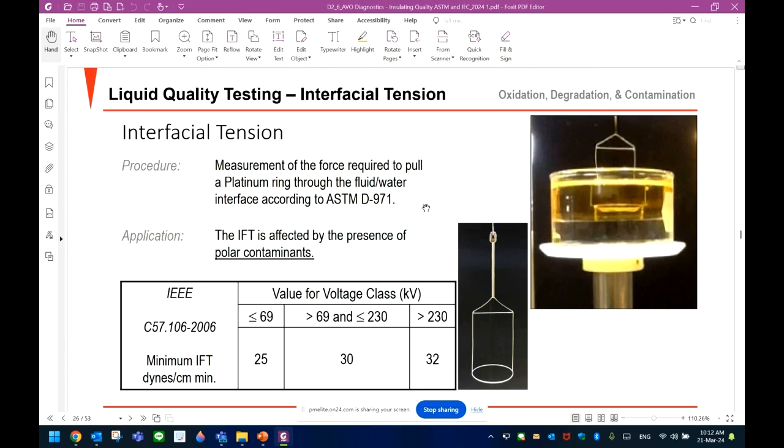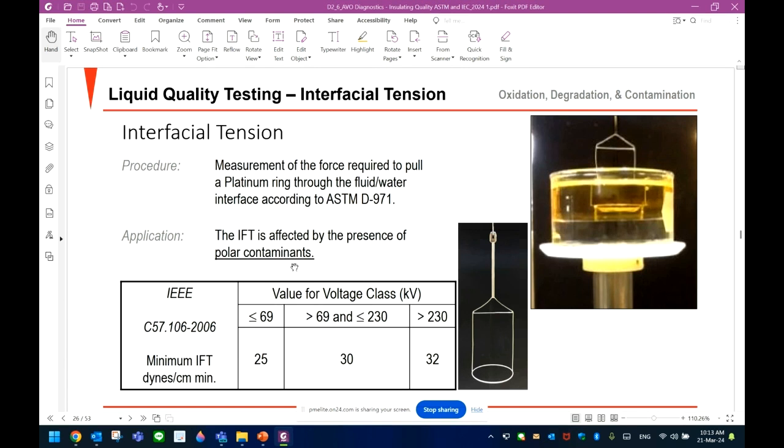It affects the polar contaminants inside of that oil. You pull something, you test the polar, because normally the oil is non-polar, so it cannot conduct any electricity.